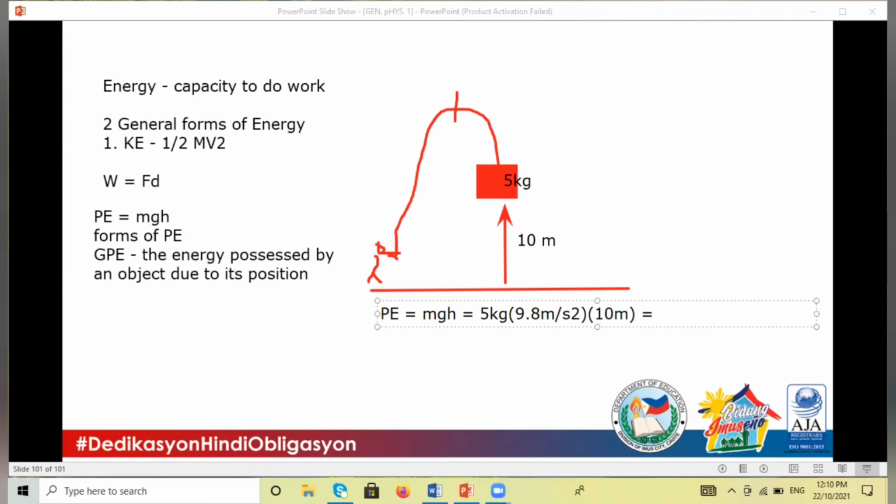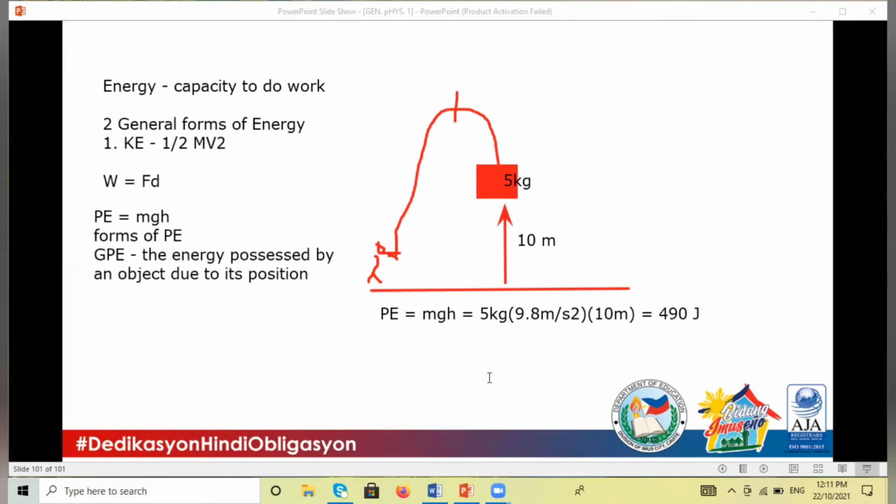and you will get 5 times 9.8 times 10. It's equals to 490 joules. Okay? 490 joules.